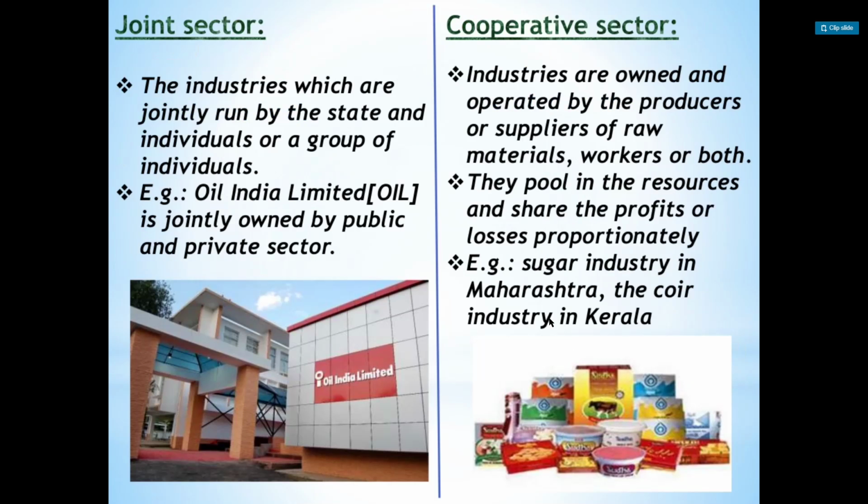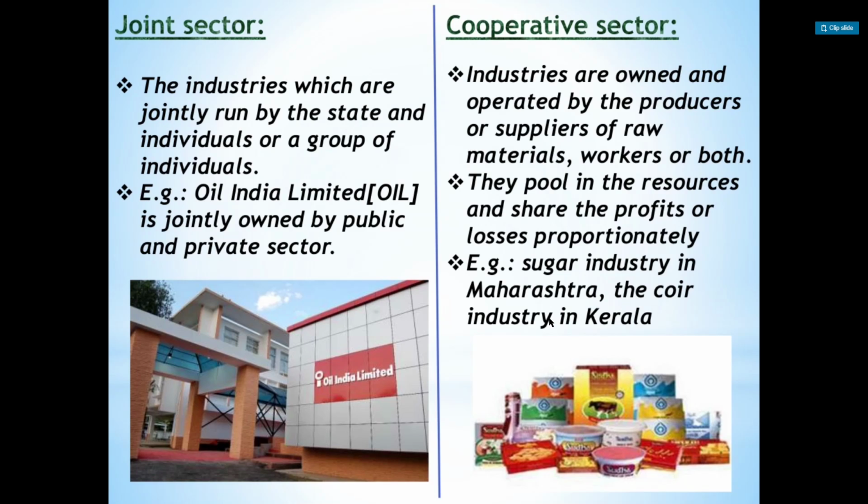Joint sector and cooperative sector. The industries which are jointly run by the state and individuals or a group of individuals come under the joint sector. Industries owned and operated by the producers or suppliers of raw materials, workers, or both are the cooperative sector.